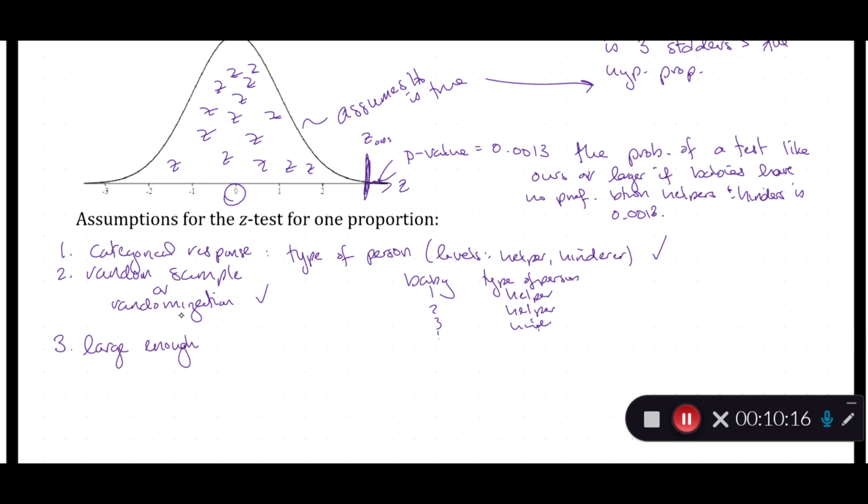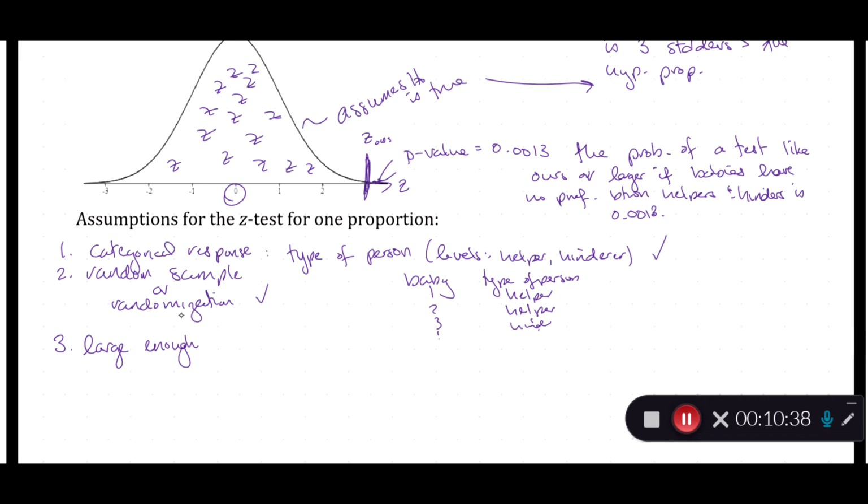And that might be a normal population for all levels of the quantitative predictor or normal population for each level of the categorical predictors. Well, when we have a categorical response, we can't have a normal population because we just have a pile of responses here and a pile of responses there. So we can't really talk about normality of the population.